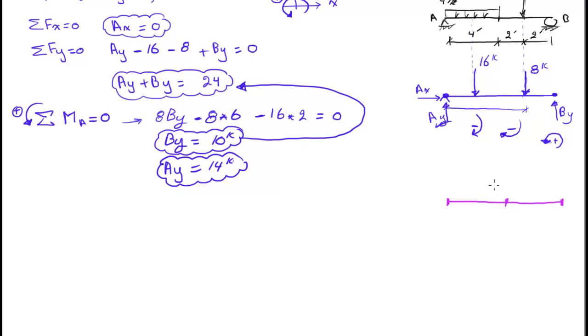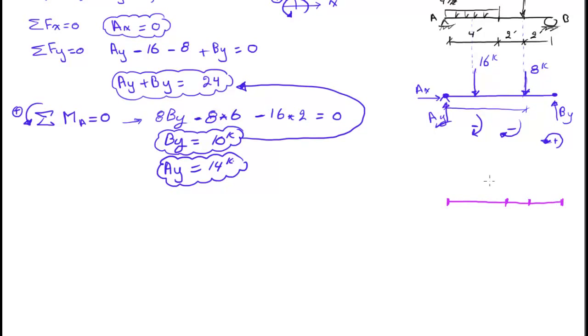The other points I need to consider is any point where the point load is applied, which is that point right here. Okay, so that's another point here. I need to get the values of the shear at these points. If I do that, I will have a complete shear diagram.